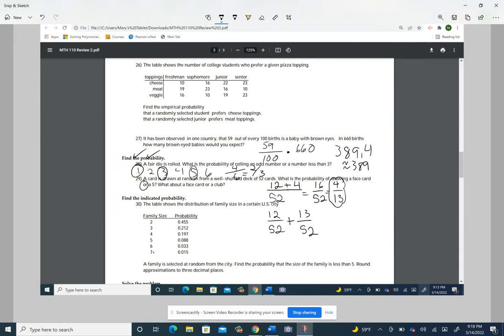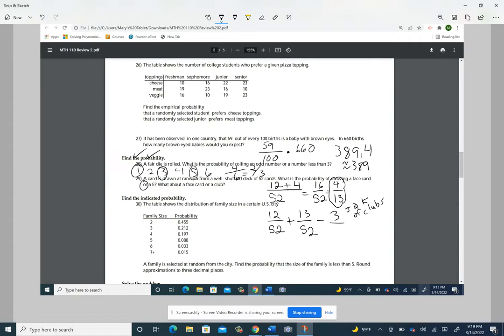But the problem is, isn't there a jack, queen, and king of clubs? You would have counted it twice because you would have counted it as a face card and counted it as a club. So you have to subtract those 3 cards, which would be the jack, the queen, and the king of clubs. You don't want to double count them.